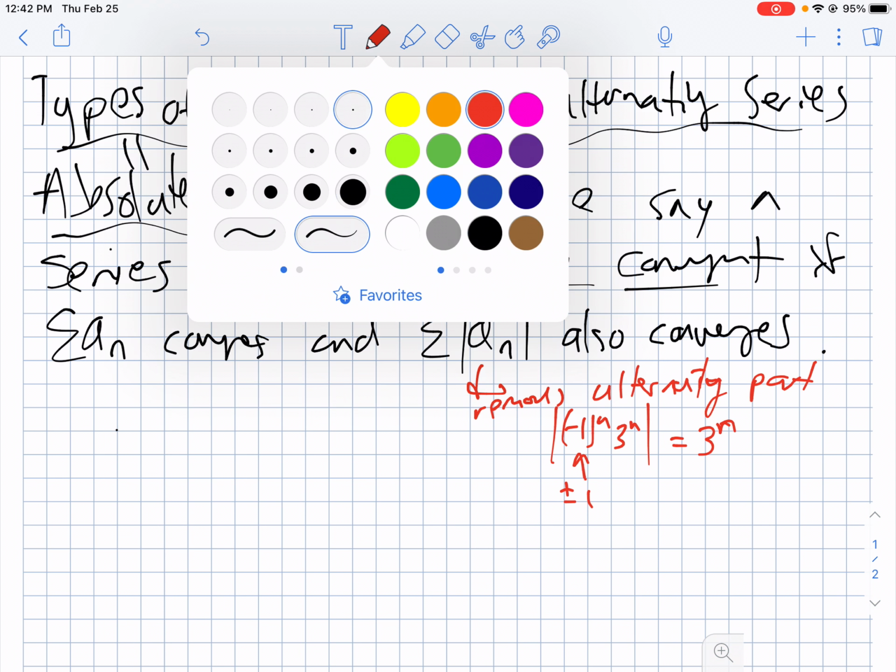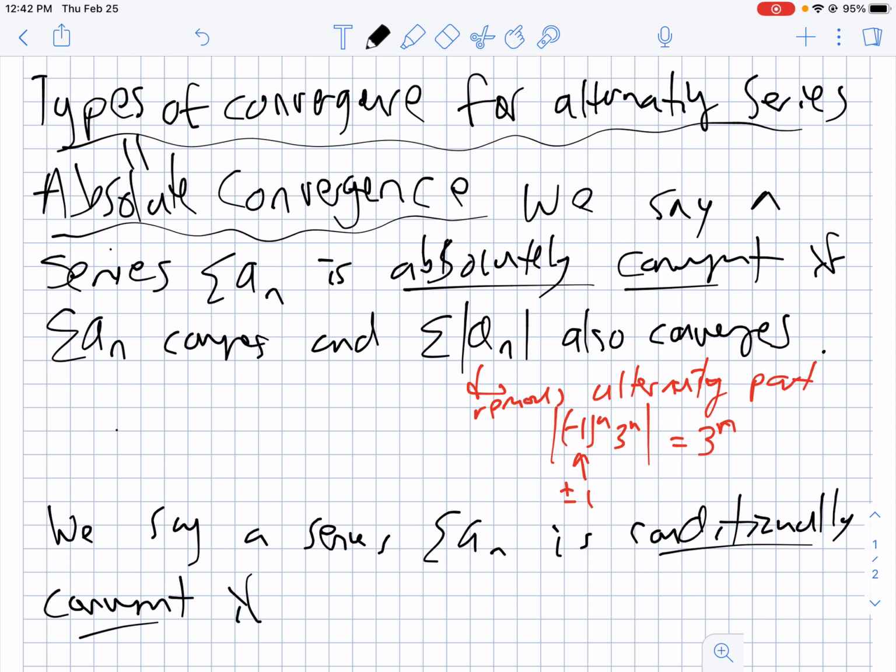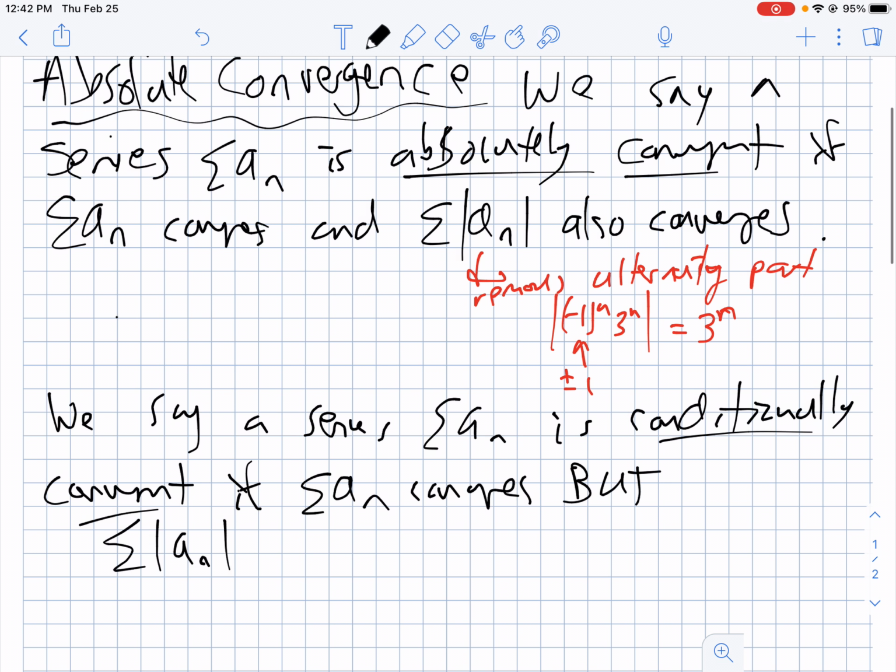The other term is, we say a series a sub n is conditionally convergent. If you take this series a sub n and it converges, but when you take the absolute value, it diverges.